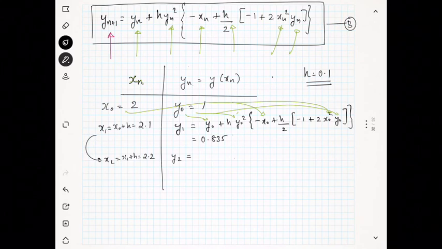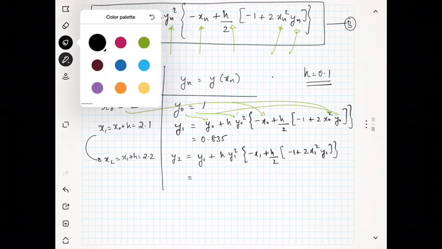Next, y_2 can be obtained by using y_1. y_1 plus h into y_1 squared minus x_1 plus h by 2 into minus 1 plus 2 into x_1 squared into y_1, right? This is how. If you calculate, you know everything, because you got y_1 by using the previous equation.